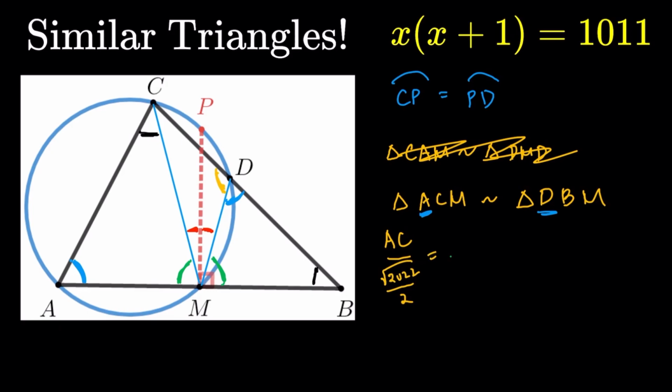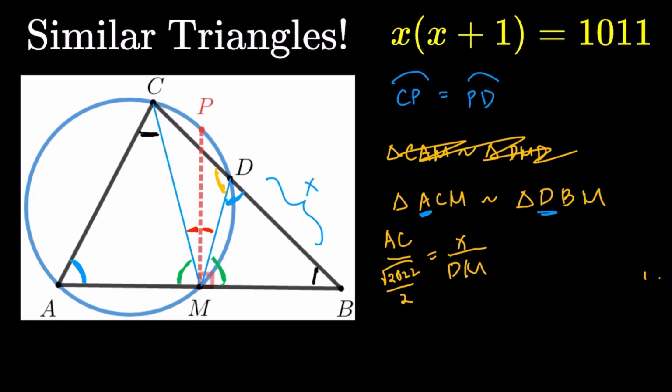So I should form DB, which I know the value of. It's x. That's what we assigned. So DB was x. So AC over the square root of 2022 divided by 2 should be equal to x divided by DM. Now DM, I don't know what it is. So I just write DM for now.